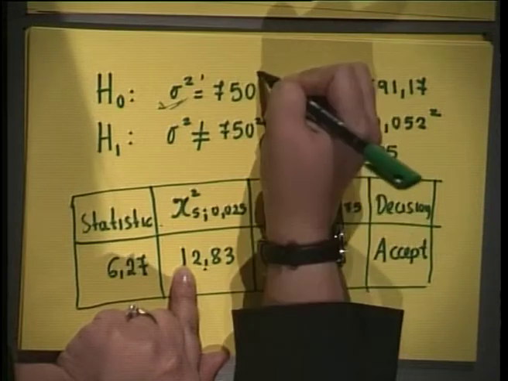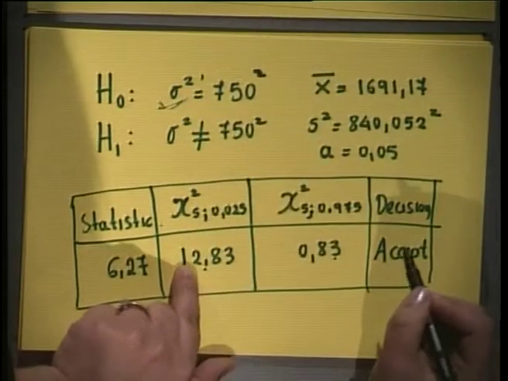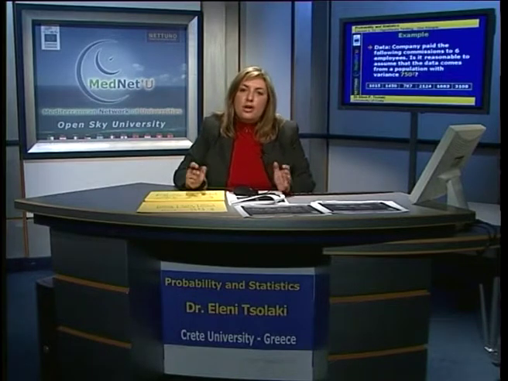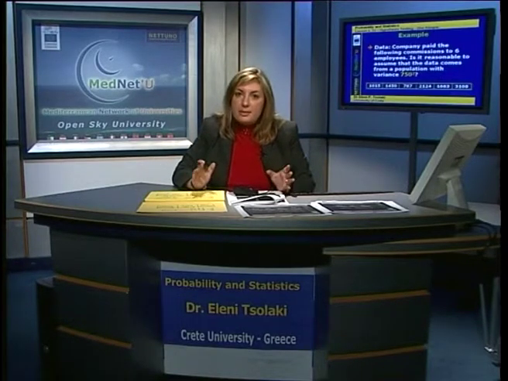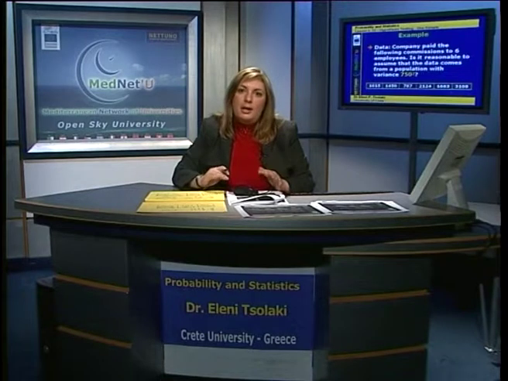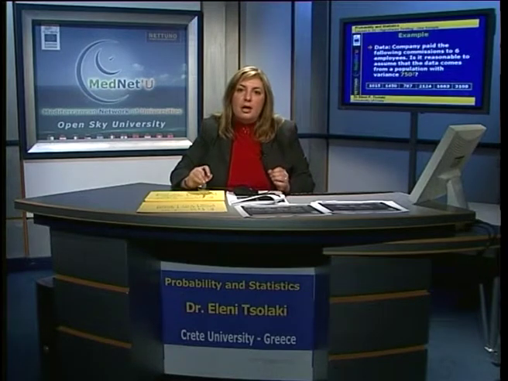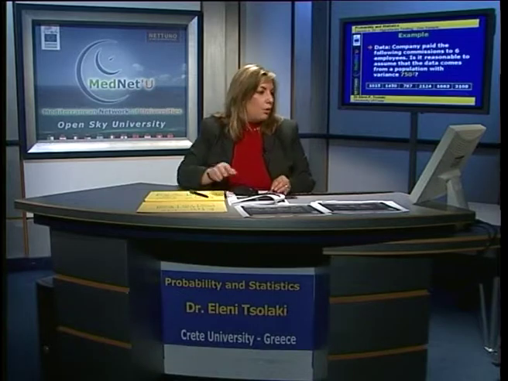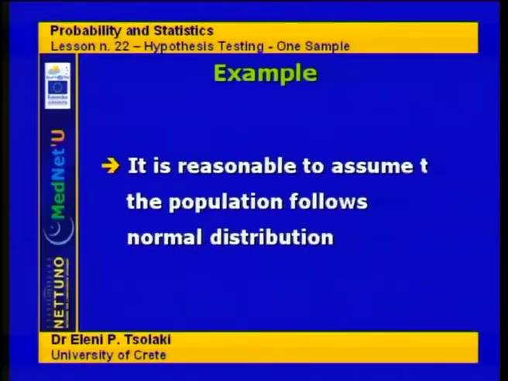We're talking about the variance, not the standard deviation. Now, because the sample size was small, we could actually do this test assuming that they come from a population that follows a normal distribution.